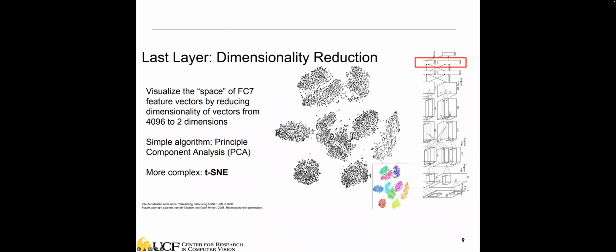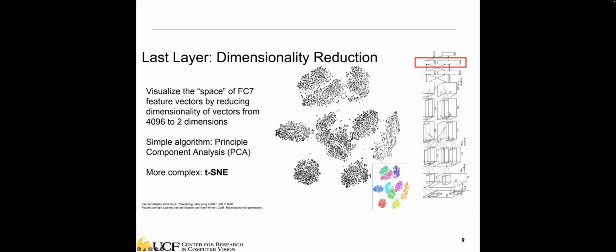So you can use some dimensionality reduction algorithms. The most popular one is principal component analysis, PCA, which is used for data compression. You can reduce the original feature dimension to 2, and then you can visualize that. Say you have a training data set.